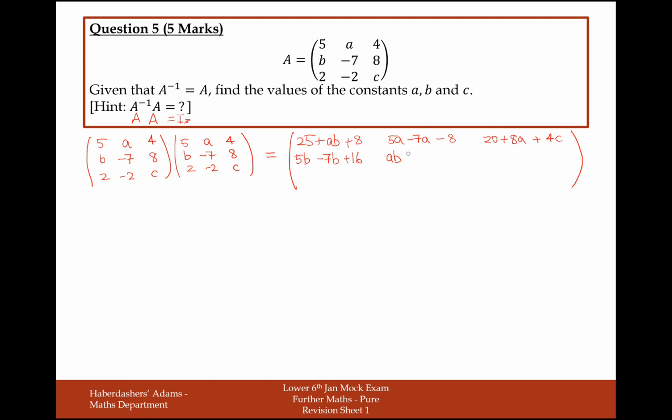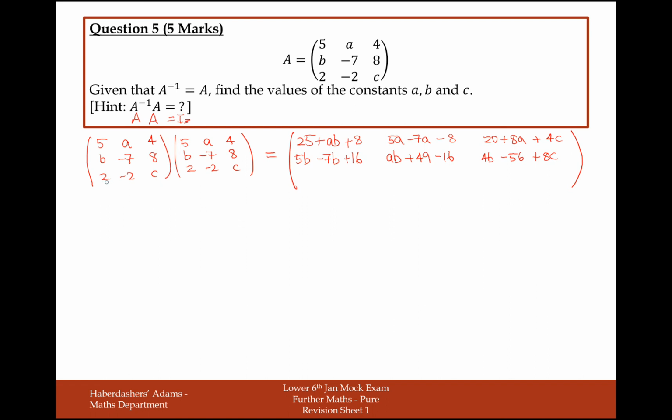Minus 7 times minus 7 is plus 49. And 8 times minus 2 is minus 16. Working on the middle right hand cell now. b times 4 is 4b, minus 7 times 8 is minus 56, and 8 times c is 8c.